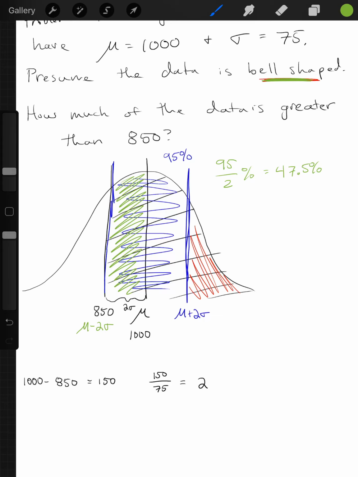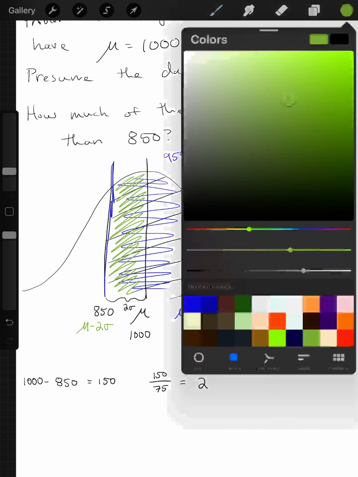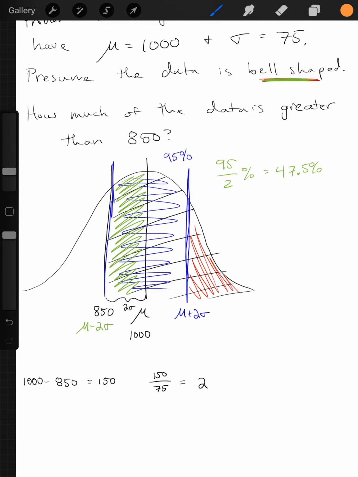Right? So just that green piece, since mu is exactly halfway between these two numbers, mu divides that chunk in half because it's the mean, and it's halfway between them, it divides that 95% in half.